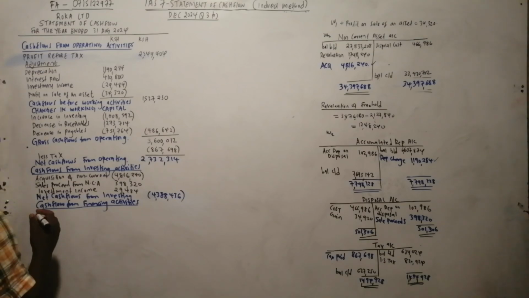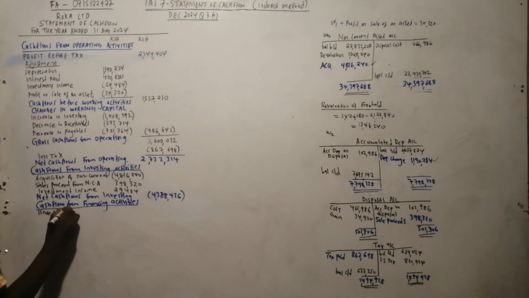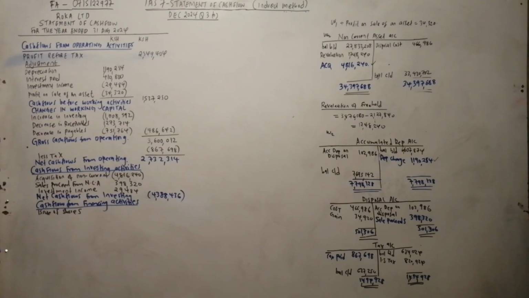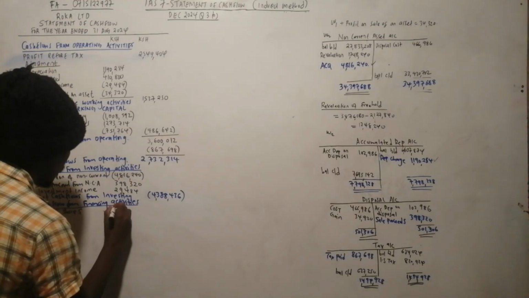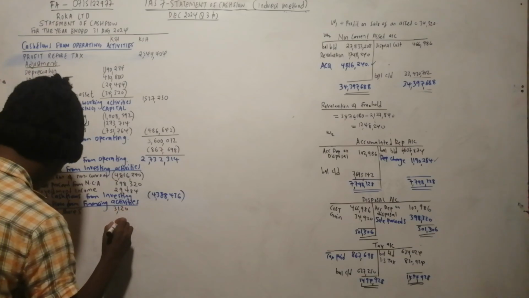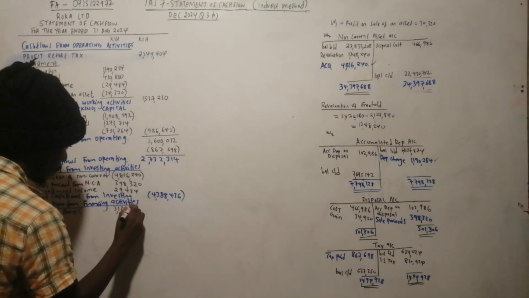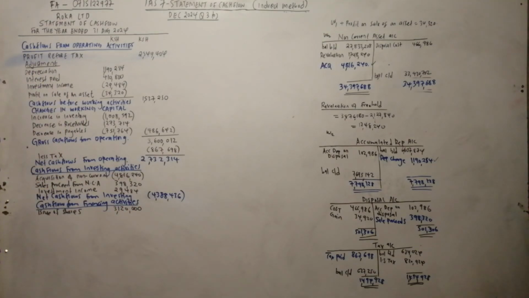So that increase means we have an issue of share. So you find the difference. So issue of shares kumaanisha pesa imeingia, so that's money in, so we are supposed to add it. So 10,920,000 minus 7,800,000 is 3,120,000. That's money in.